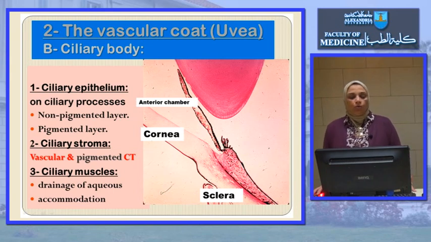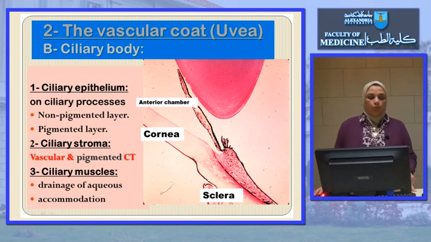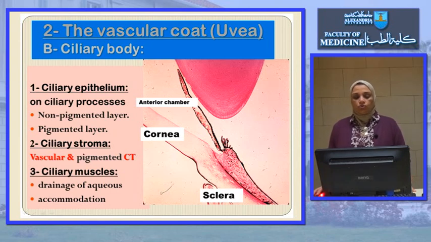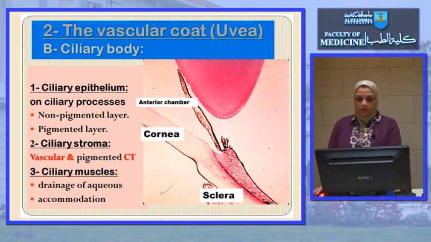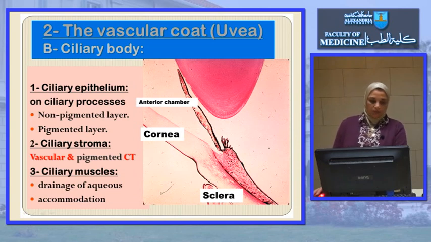Then, what is the third component of the ciliary body? It is the ciliary muscles. These are ciliary muscles which help in accommodation for near vision and for far vision. What else? It also helps in drainage of the aqueous. You know that the drainage of the aqueous occurs at the limbus, and we'll discuss now the steps of drainage of the aqueous.